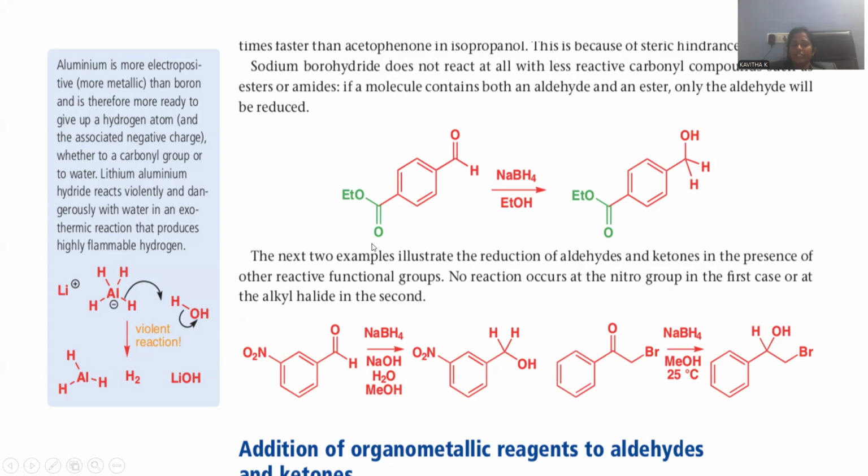Ester linkage is not reduced by means of sodium borohydride. It remains as such. But whenever the same compound is treated with lithium aluminum hydride, both aldehyde and ester reduction are possible. But in case of sodium borohydride, you should be more selective towards aldehydic reduction rather than ester reduction.